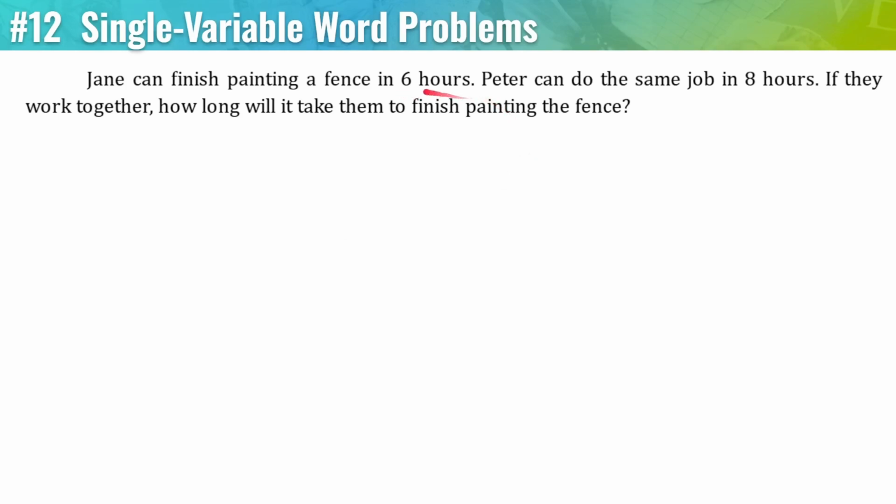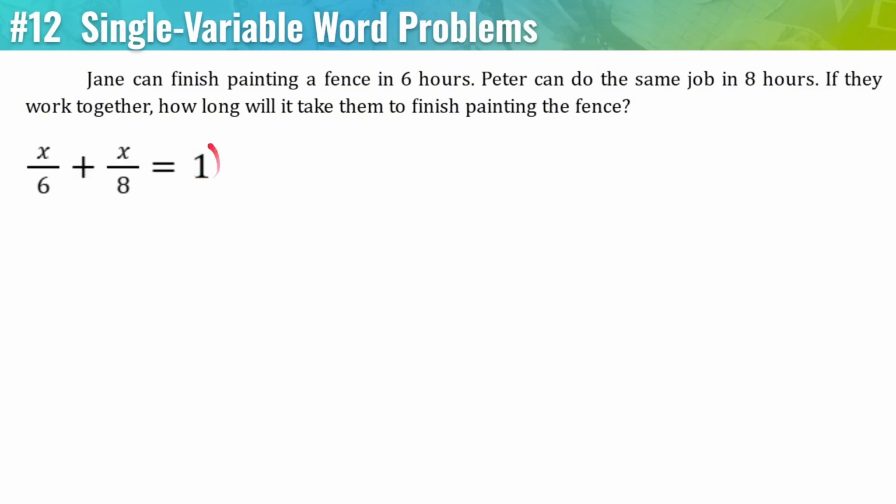Every hour, they can finish some part or some fraction of the work. So working together, we need to add how much work they can do in an hour together and see how many hours that is.